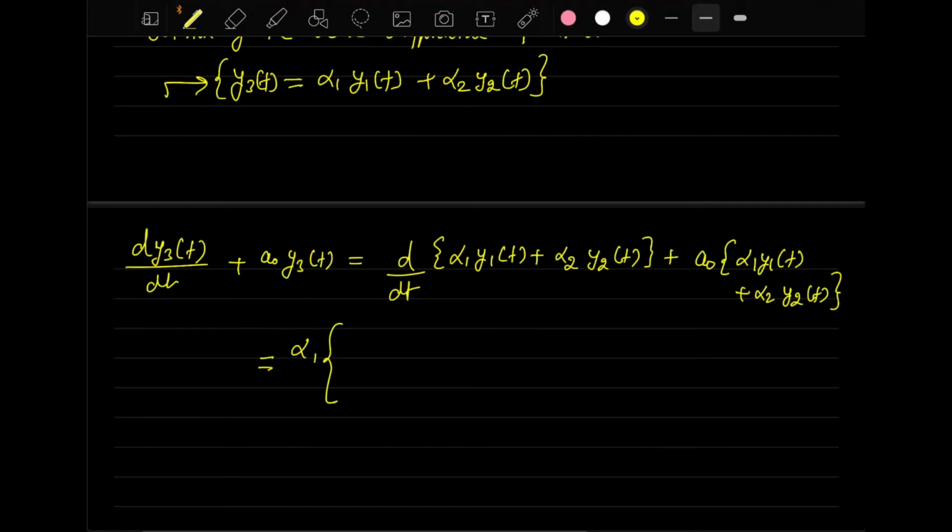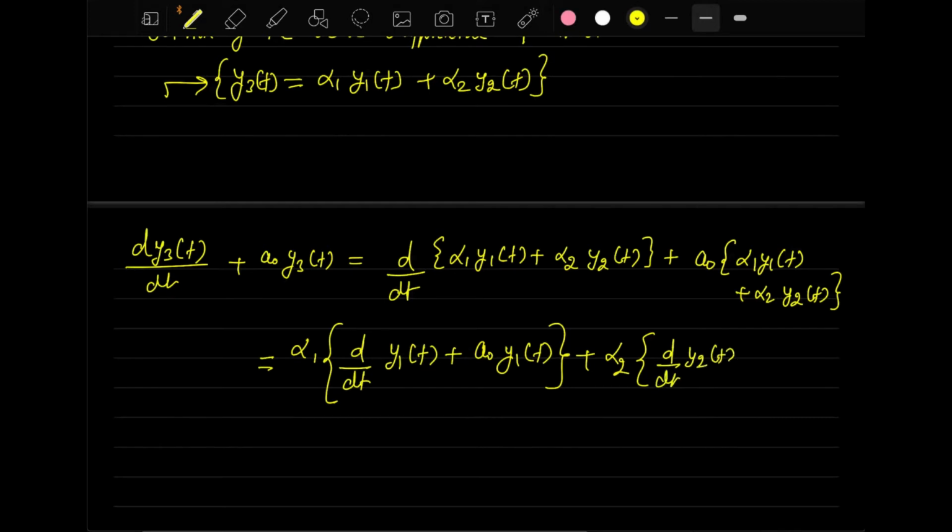Once you collect the terms which have alpha 1 as their common term, taking alpha 1 out, you can write it like this. Again you can do the same for alpha 2, which will be d/dt y2(t) plus a0 y2(t). So you have these two terms, alpha 1 and alpha 2, separately.